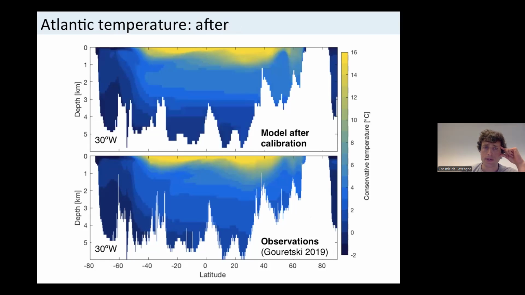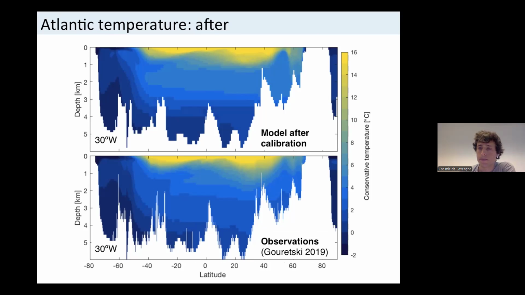Essentially what we did is we tuned away the strong open ocean convection that was depleting this subsurface heat reservoir. Now we have a fairly realistic subsurface heat and generally fairly good Southern Ocean hydrography, and also a much better abyss, much less cold and dense. That's the main achievement of the calibration.